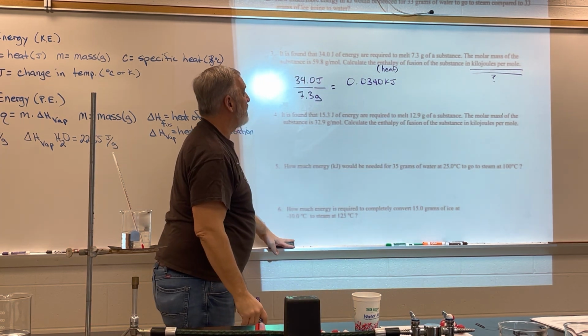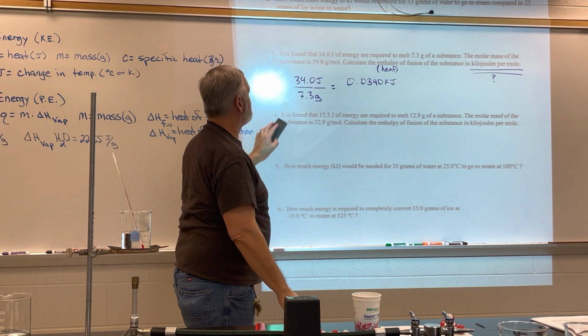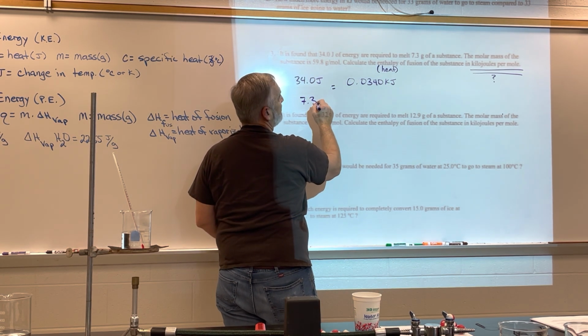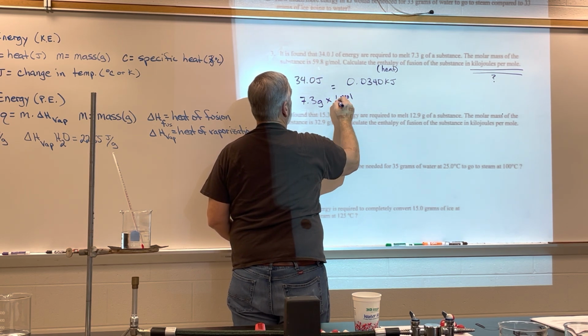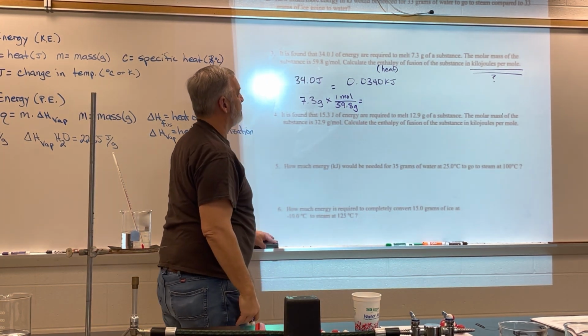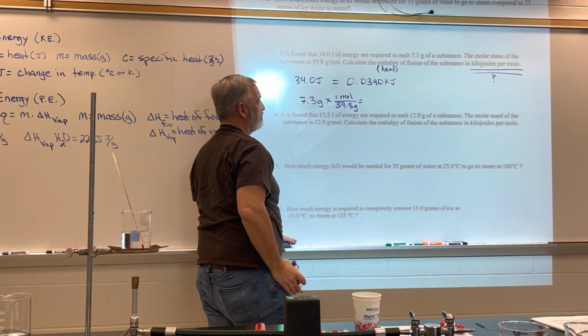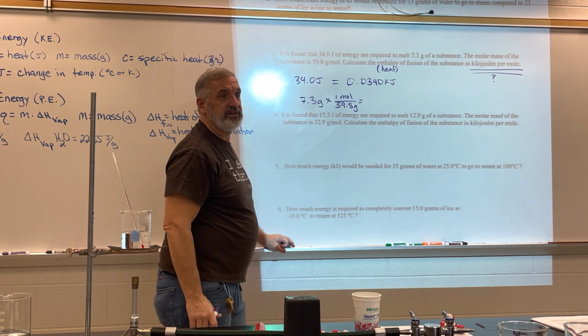Okay? But what about grams to moles? How do I get grams to moles? So I'm going to say 7.3 grams times, it tells me the molar mass, 1 mole over 59.8 grams, and that's equal to, two sig figs, anyone?